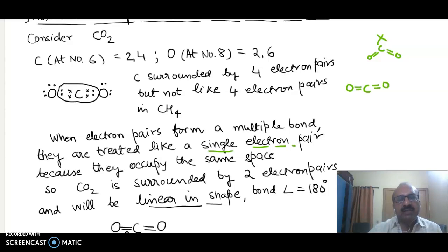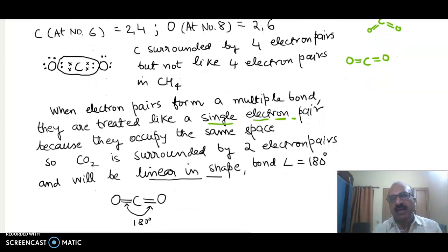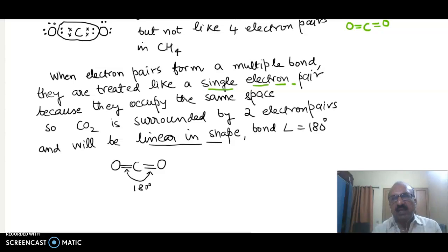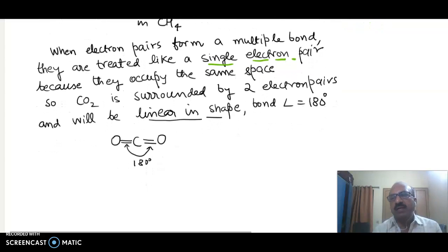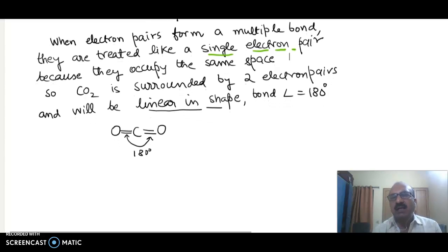So being fixed in space, it is considered as a single electron pair, and therefore we would consider carbon to be surrounded by two electron pairs rather than four electron pairs. And because of that, it becomes similar to beryllium difluoride, and the shape becomes linear, and the bond angles become 180 degrees.